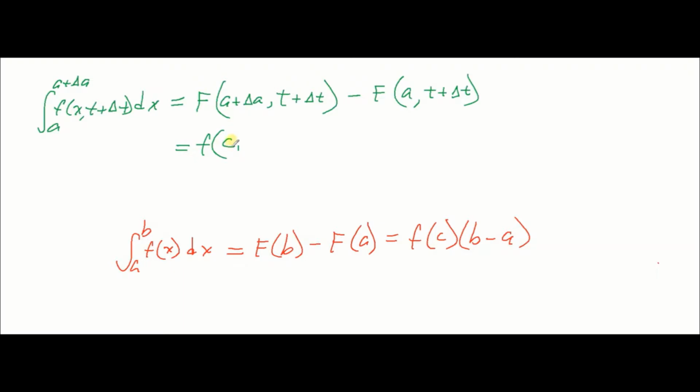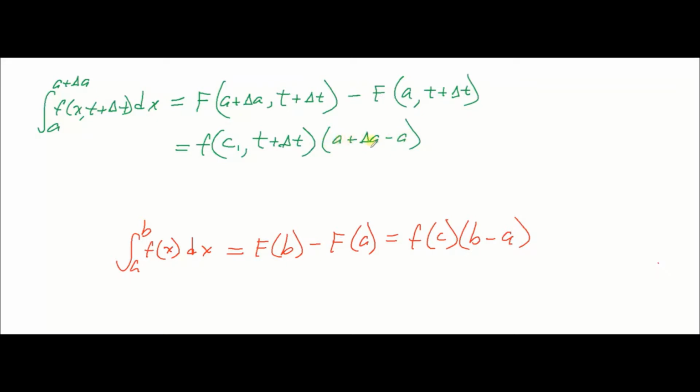So you know the c's are probably not going to be the same, and so we can say that this integral would be equal to the function little f evaluated at c1, and then c is still just along for the ride right now, and then we would have upper bound minus lower bound, but then we've got a plus delta a minus a, so this really ends up being delta a.